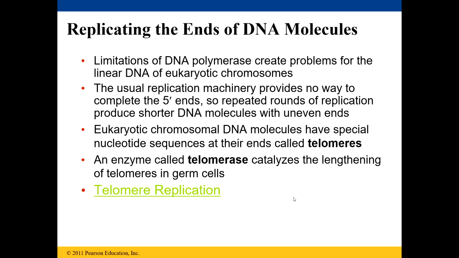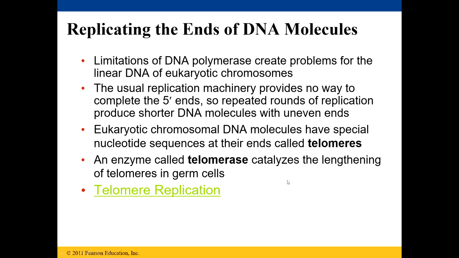So repeated rounds of replication produce shorter DNA molecules with uneven ends, and this could be very detrimental. But fortunately, eukaryotic chromosomal DNA molecules have special nucleotide sequences at their ends called telomeres, and they work with an enzyme called telomerase that catalyzes the lengthening of these telomeres in germ cells.